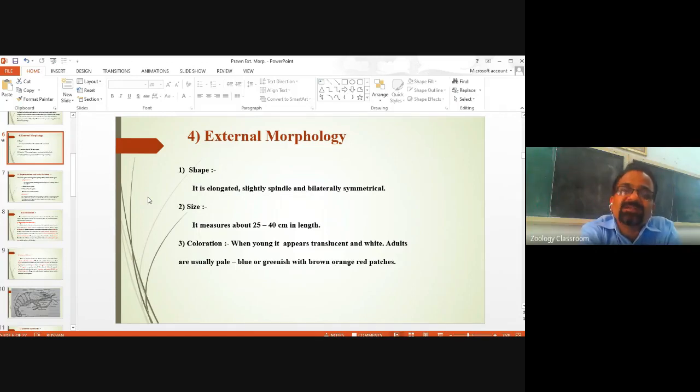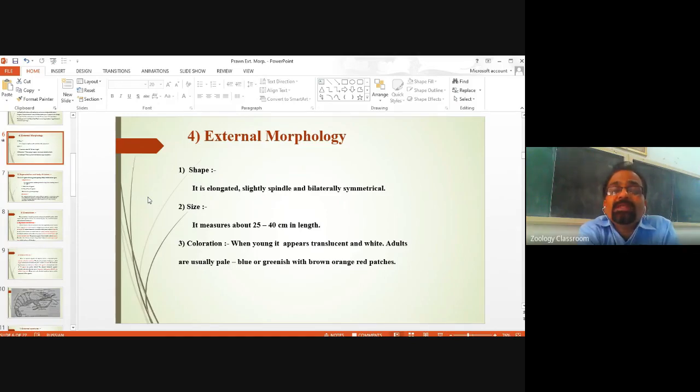So that type of glass is translucent. It passes the ray of light. It means light enters, but it is a diffuse light, isn't it? Such type of appearance is there to the body covering when the prawn is young. The body covering is translucent. Some of the organs we can easily see through, and it appears to be whitish in color.